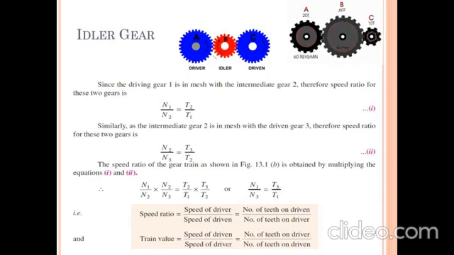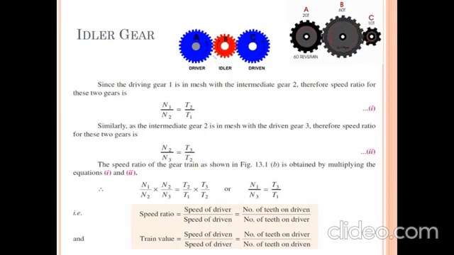That is, speed of first gear divided by speed of last gear is equal to number of teeth of last gear divided by number of teeth of first gear, that is N1 upon N3 is equal to T3 upon T1.